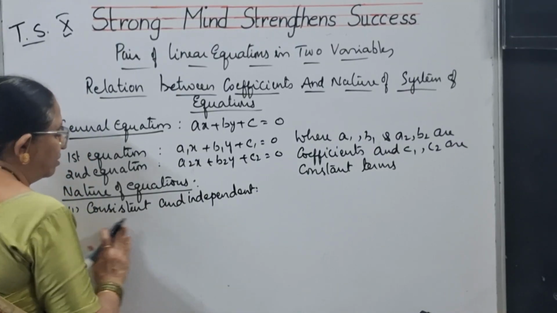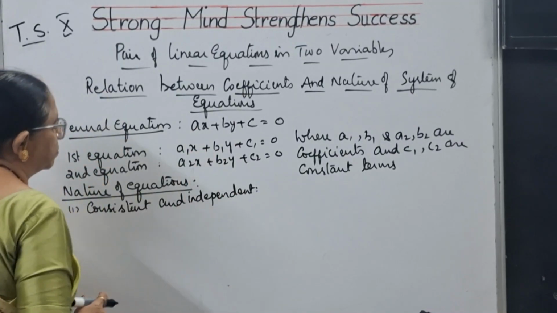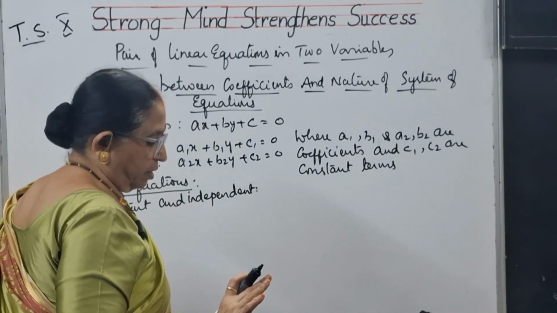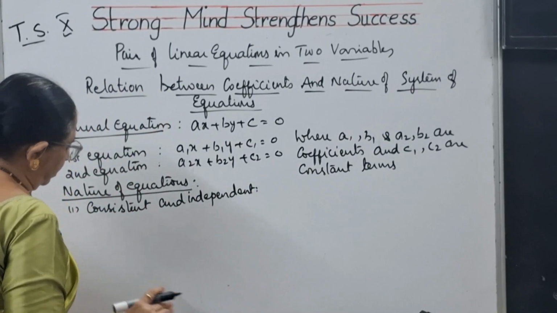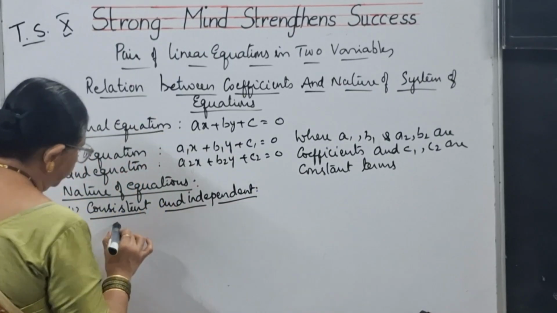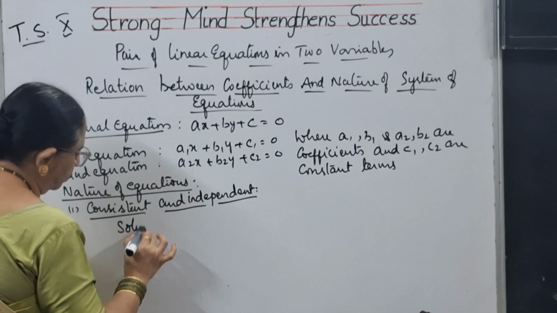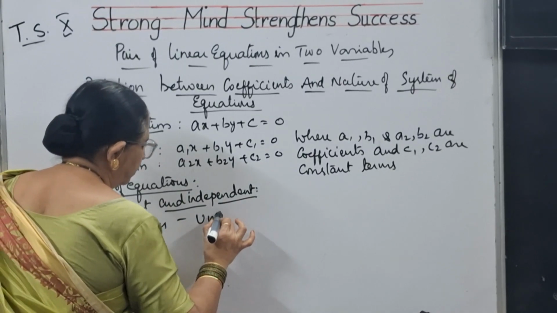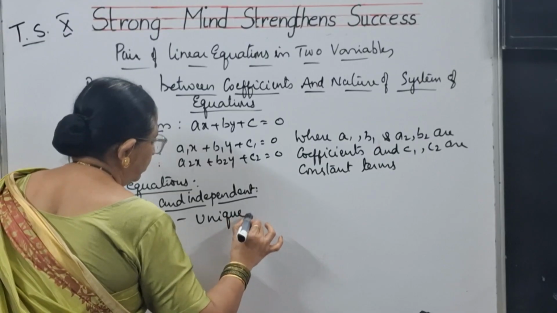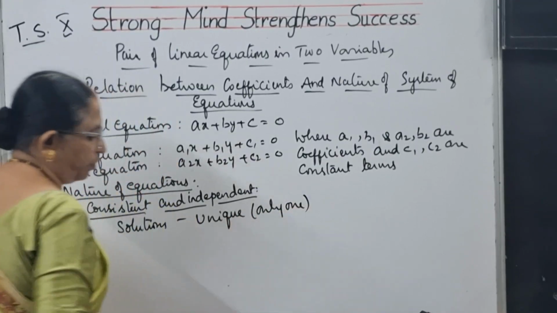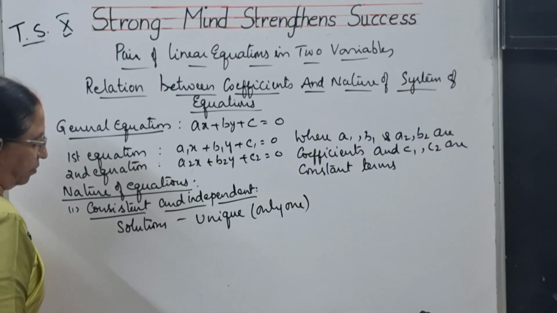In consistent and independent, what are the solutions that we have discussed, children? We have talked about the solution as a unique solution. What do you mean by unique solution? It has only one solution.